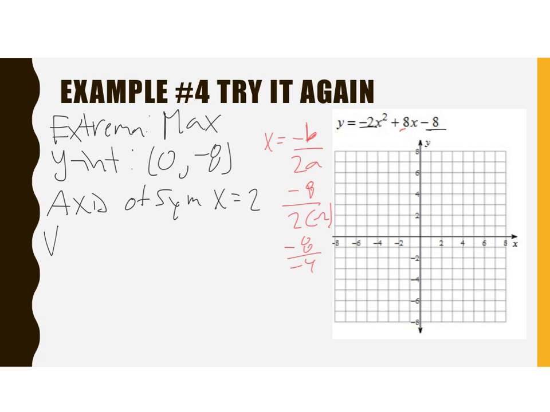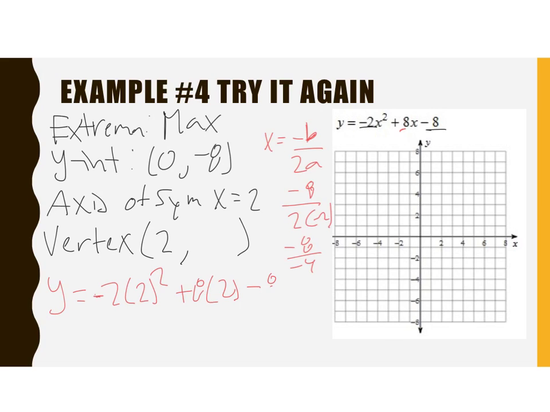And last, vertex. The vertex and axis of symmetry have the same x value. You only have to find the y value. So let's do some plugging in. Y equals -2. Instead of x squared, we're going to plug in 2 squared plus 8 times 2 minus 8.